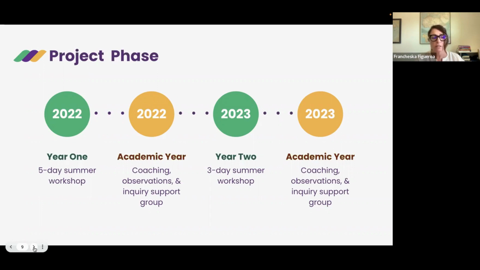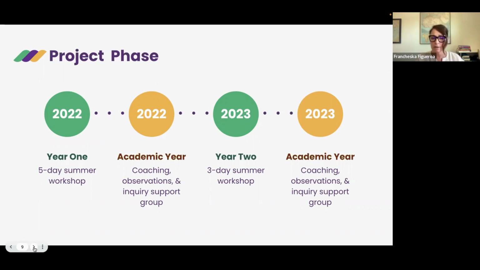Researchers from the team will go into the classrooms, collect data from the observations, and we will also include during the academic year an online learning community. We will give teachers opportunities to discuss and provide support from the research team, but we will also give teachers opportunities to peer support one another.